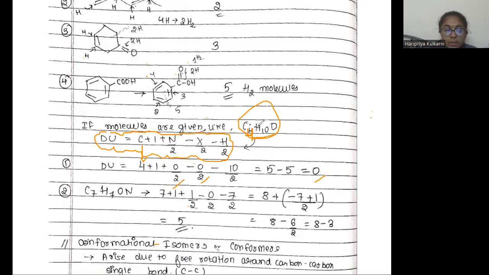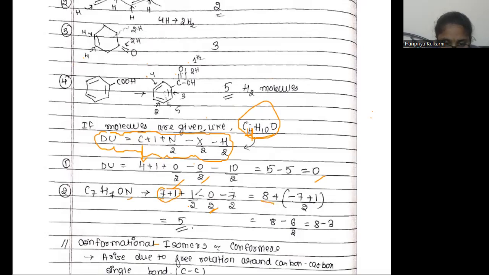The next one, coming to C7H7ON. Here, as you can see, we have 7 carbon atoms. Nitrogen atom, we have 1, so plus 1 by 2. No halogen, 0. And hydrogen 7. So we have here 7 plus 1, 8.